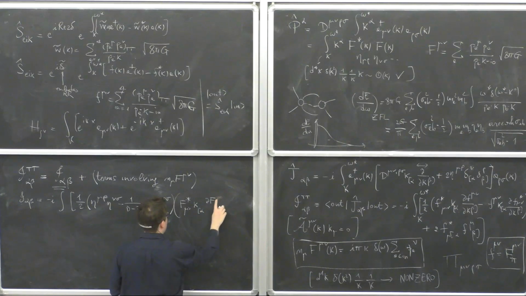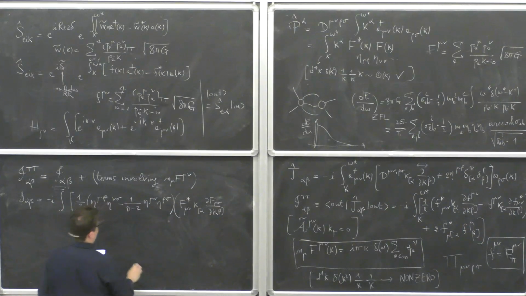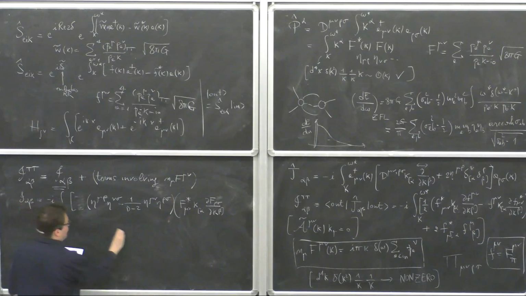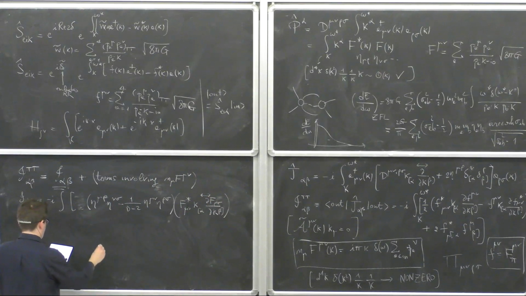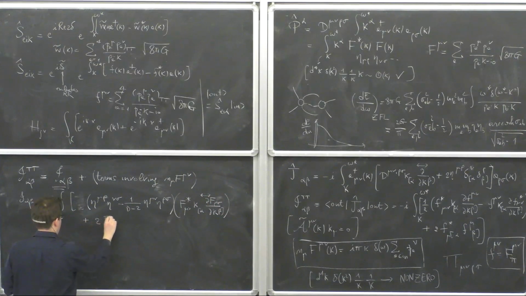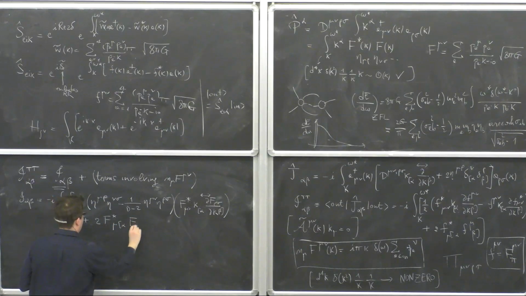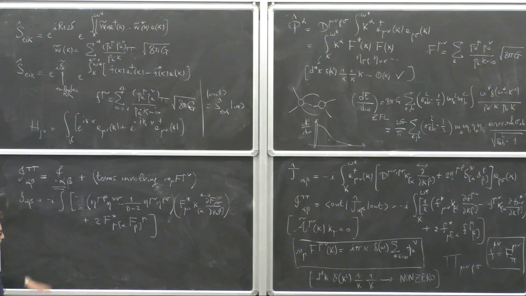Sorry, F rho sigma probably. And then, okay, let me actually make use of this double arrow notation just to avoid having to go to the next line. Plus 2 F star mu alpha beta mu.